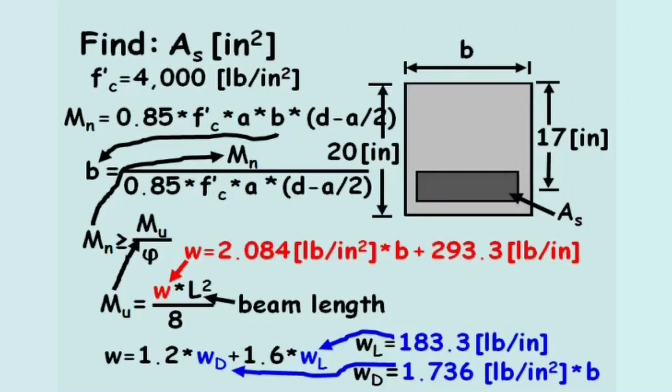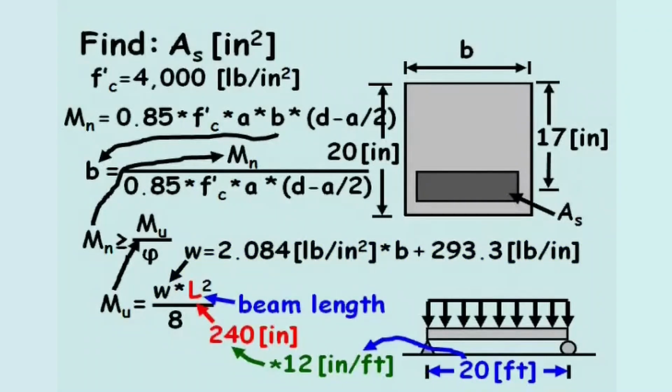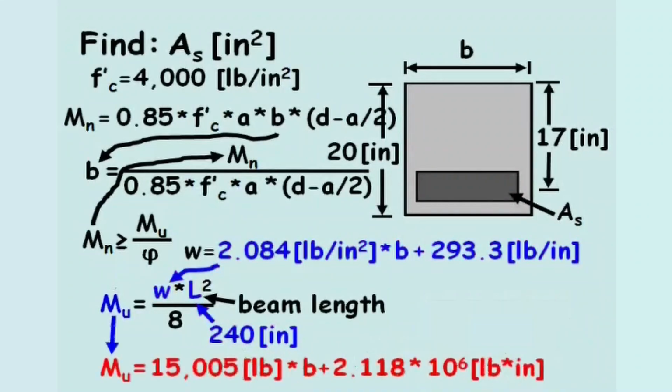From the profile view, we notice the length of the beam, L, equals 20 feet, which is equivalent to 240 inches. After plugging in the length and continuous load, the ultimate moment in the beam equals 15,005 pounds times B plus 2.118 times 10 to the 6 pounds inches.